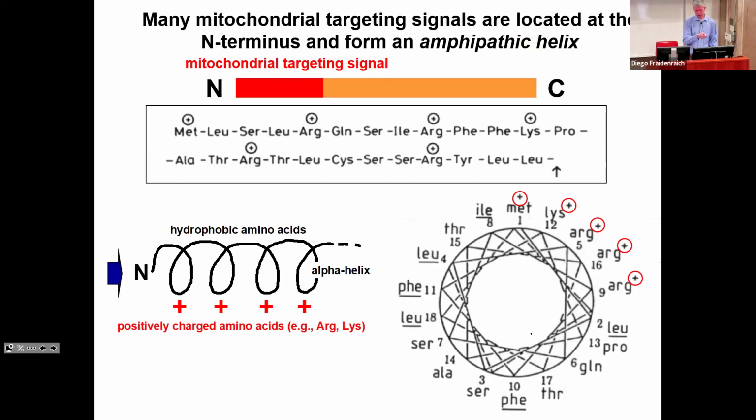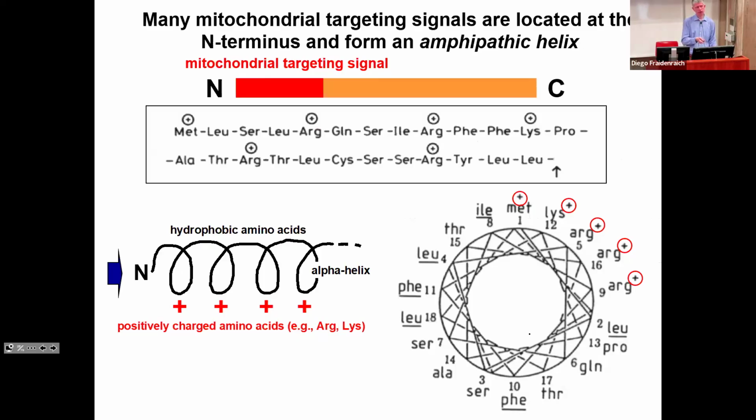So this small portion at the beginning, called mitochondrial targeting signal, is a stretch of different amino acids. You see, for example, arginine, which is positively charged, lysine, the same positively charged amino acids. There are some in between. It's not very clear what exactly the signal would be.